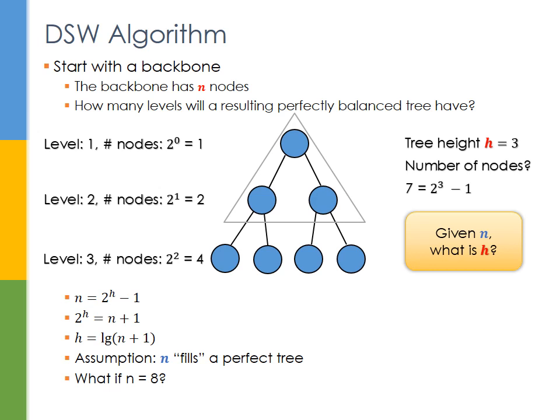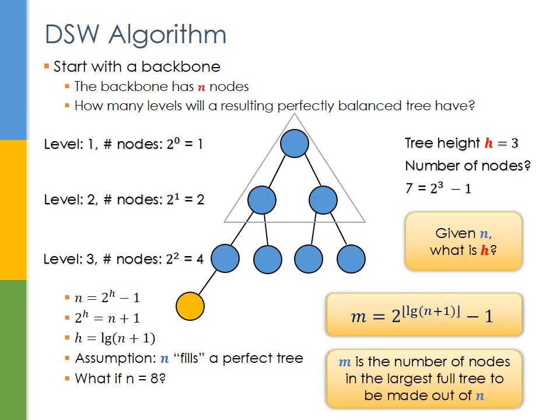So what happens if we have an n value that doesn't perfectly fill a tree? Well, we can just increase n by 1 in this example, so we're increasing it from 7 to 8, and that node will then have to be placed on the next level because all of the previous levels are completely full.